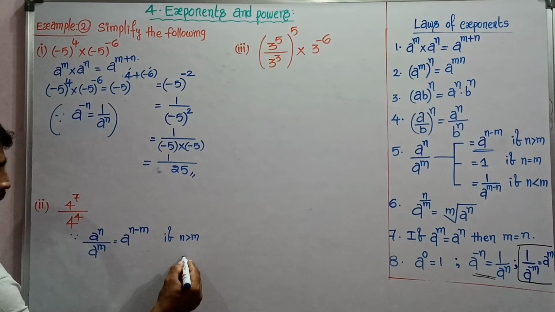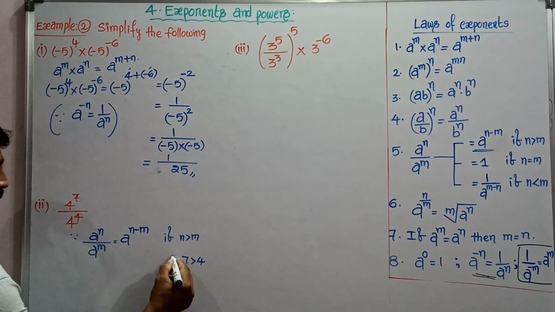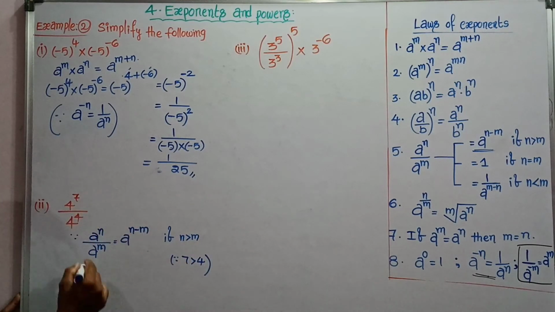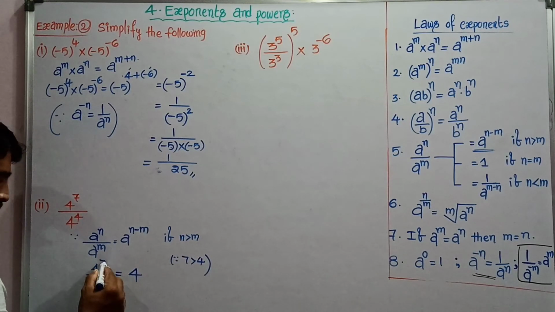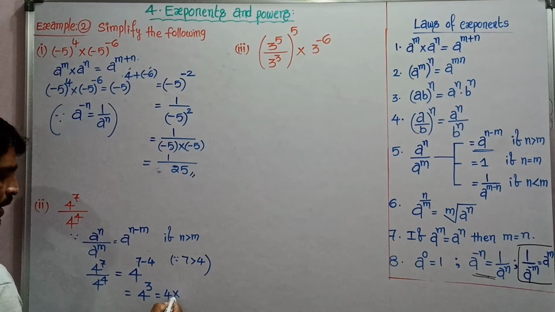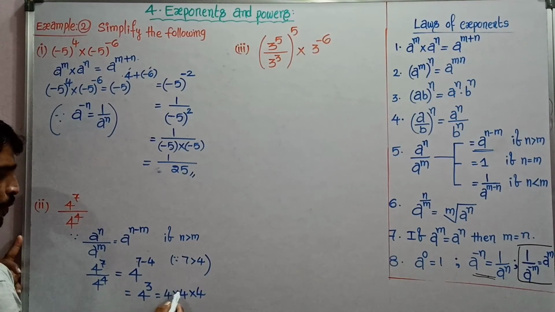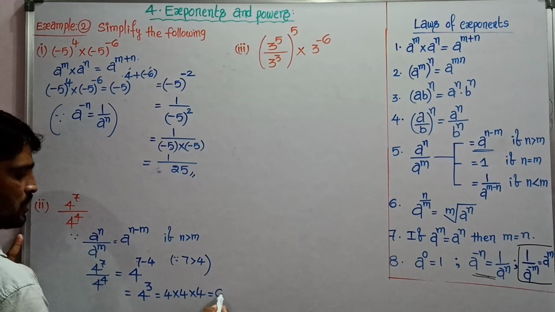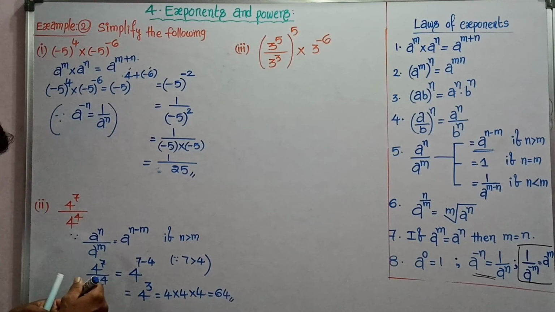Since 7 is greater than 4, 4^7 divided by 4^4 equals 4 power the difference of exponents, 7 minus 4, which is 3. 4 occurs 3 times in the product. 4 4s are 16, 16 4s are 64.